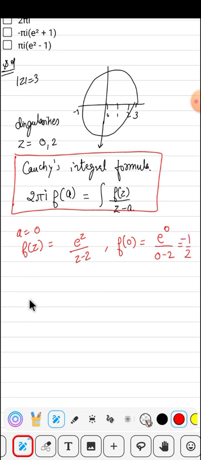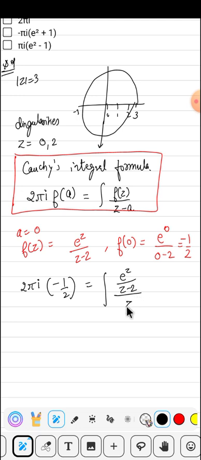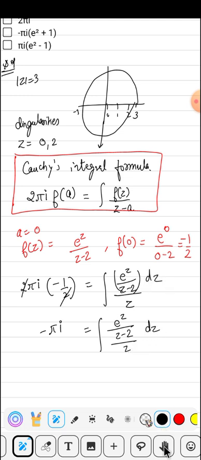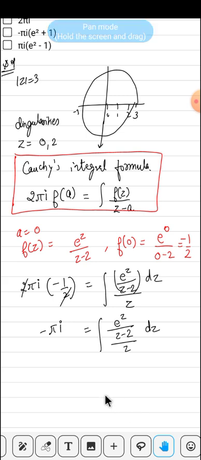So by Cauchy integral formula, we get 2 pi i multiplied by minus 1 by 2 equals the integration of e to the z upon z minus 2 upon z dz. So 2 will cancel out 2, and I will get minus pi i.